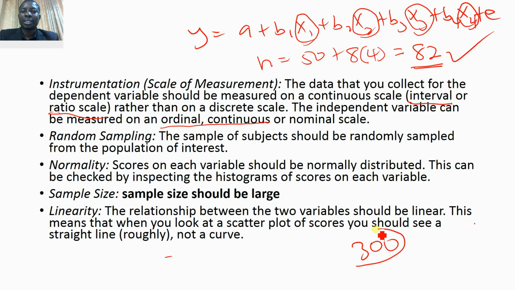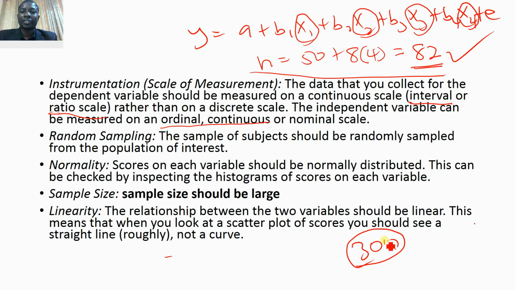So if your sample size is 300 for 1,000, using the sample size determination formula or sample size determination table, then we expect that the number of variables that enter into the equation will satisfy this function.